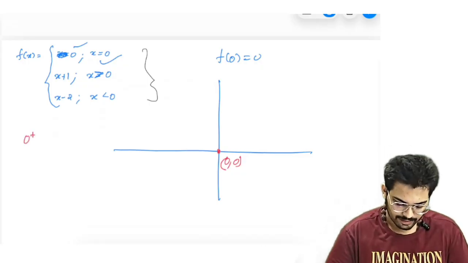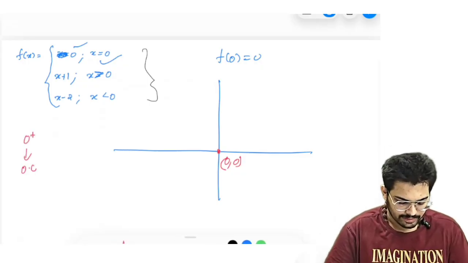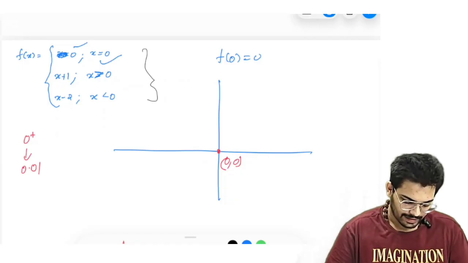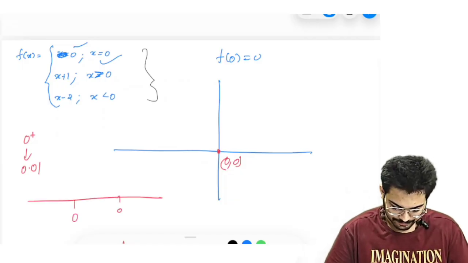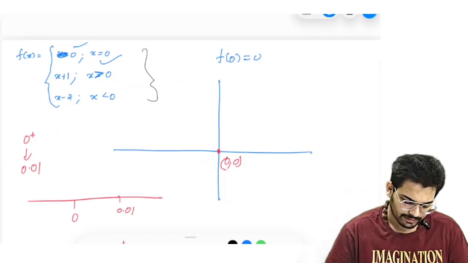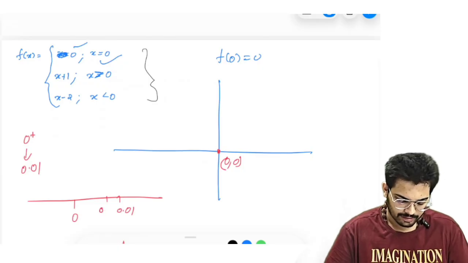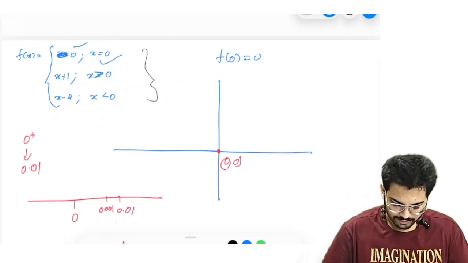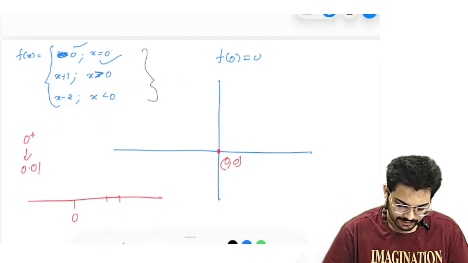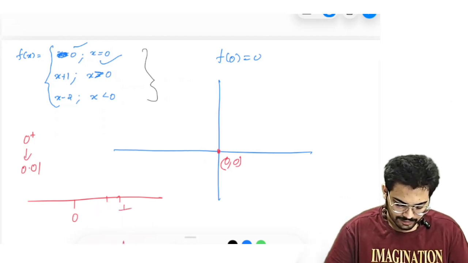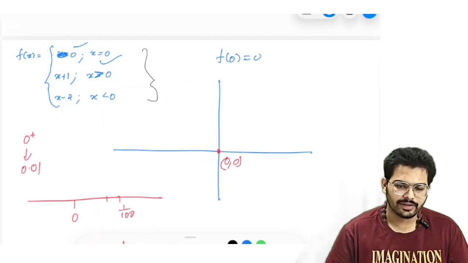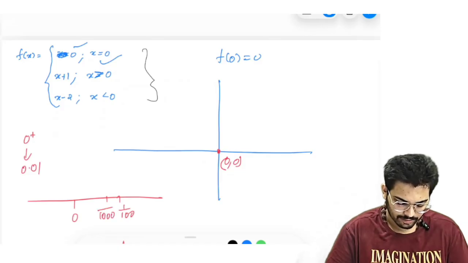In that scenario, this number can be 0.01. Again, if you take 0.01 on the number line, there will be another number, 0.001. 0.01 is 1 by 100, and 0.001 is 1 by 1000, which is closer to 0.